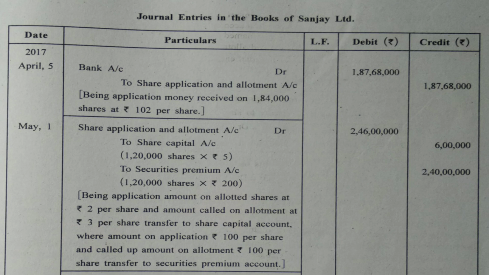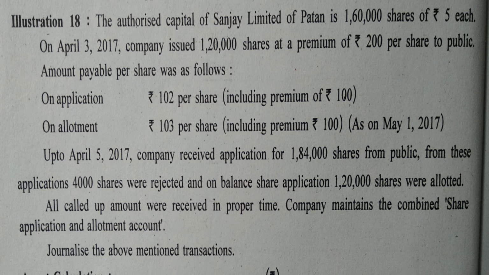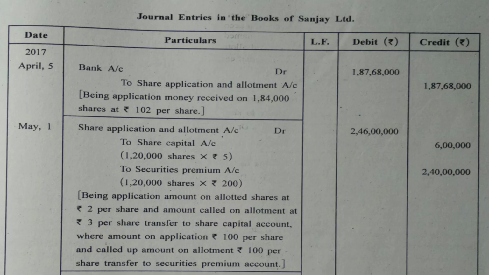Instead of writing it as to share application account, you just write to share application and allotment account. How many applications have been received? 1,84,000. How much is called up with application? 102. So simply 1,84,000 into 102, which is 1 crore 87 lakh 68,000 rupees.